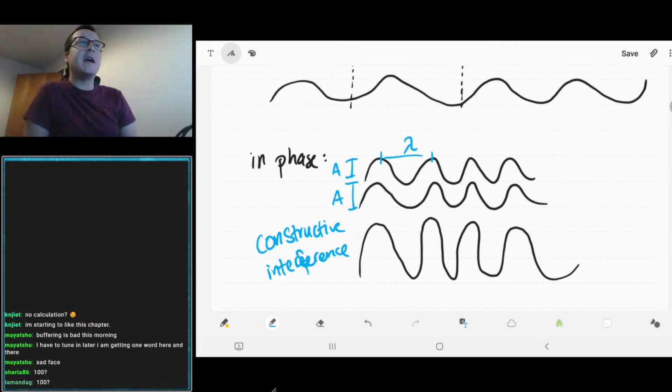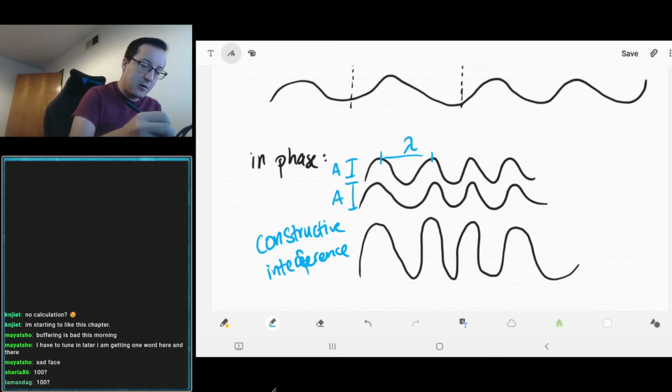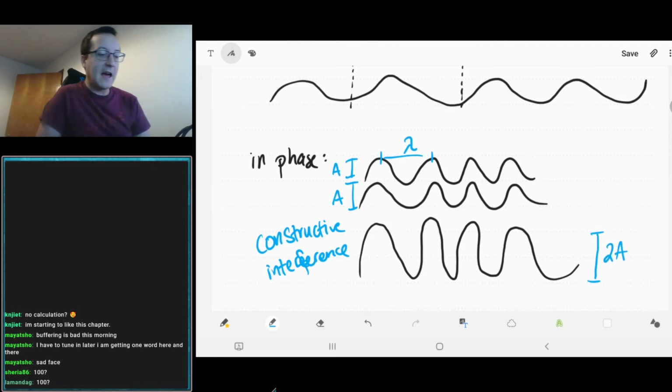If two waves are in phase with each other, and they're going right next to each other or on top of each other, they will actually combine to make a bigger wave. Notice that now, I'm sorry, I'm going to have to draw it on this side. The amplitude of the combined wave is just the sum of the other two waves that made it up. So we're essentially just adding these two waves together.